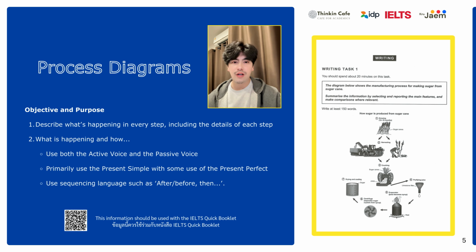The purpose of a process diagram is to explain what is happening in each step, and to explain that by using a wide range of different verbs. So we'll be thinking about tenses now. We primarily want to use the present tenses, for example, the present simple, as well as the present perfect tense.